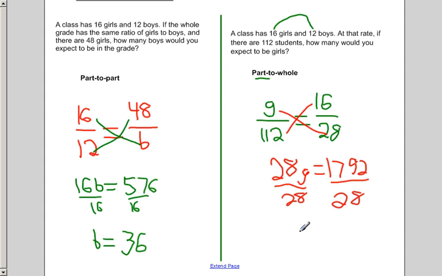And we find that G is equal to 64. So how many would you expect to be girls if there were 112 total students? 64. That is our part. 112 was the whole.